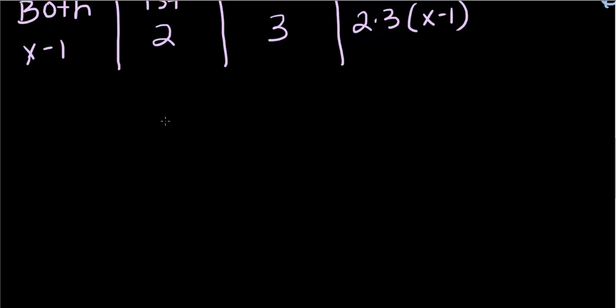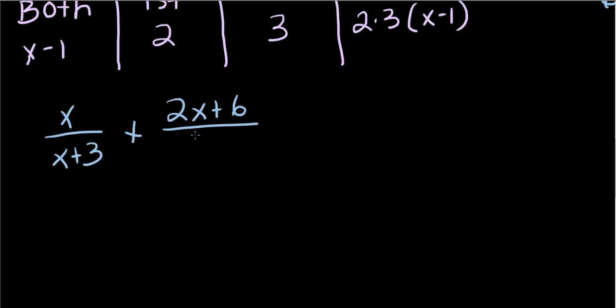We're going to try now x over x plus 3 plus 2x plus 6 over x squared plus 6x plus 9.